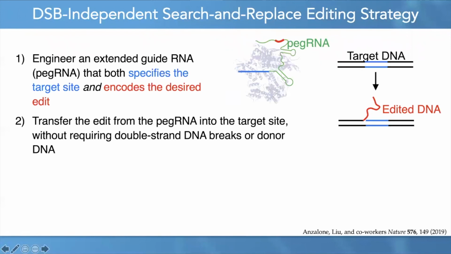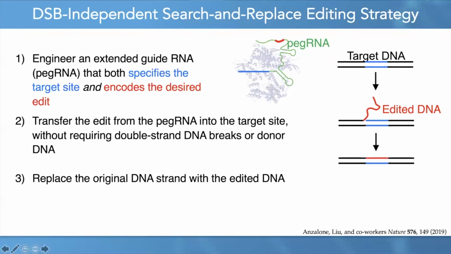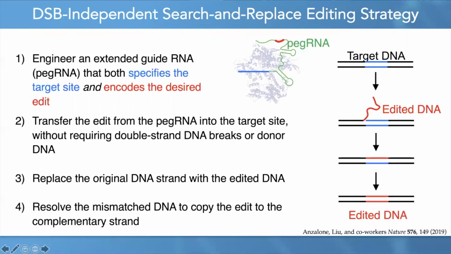We also realized that we would need some way to transfer this edit information to the targeted site without creating a double-strand break or using a donor DNA template. We envisioned that the transfer of this edit would result in a DNA flap on one strand that will be resolved into heteroduplex DNA, and we also recognized the need for a strategy to help the cell copy this edit to the unedited complementary strand.